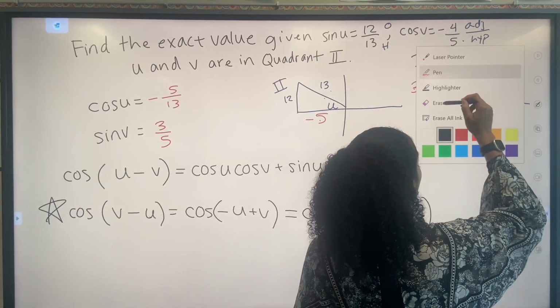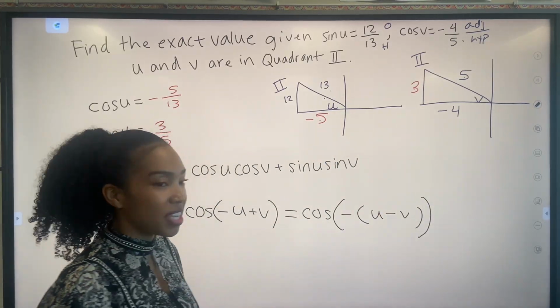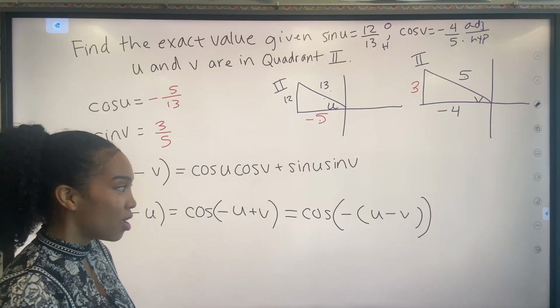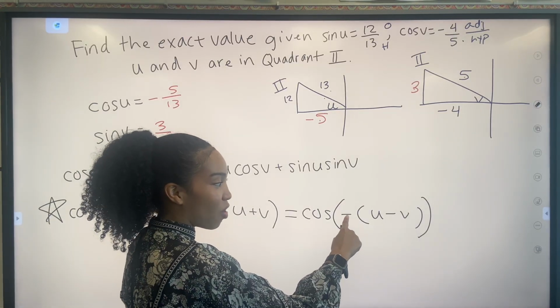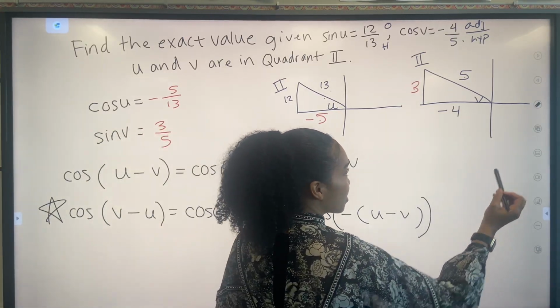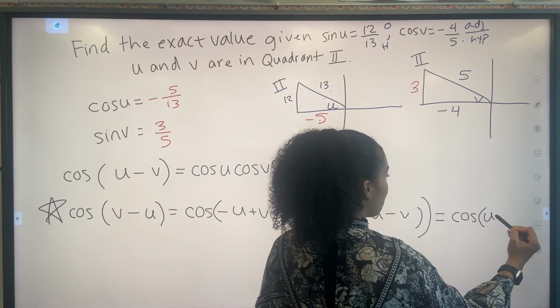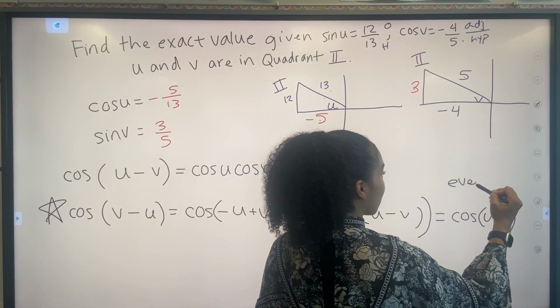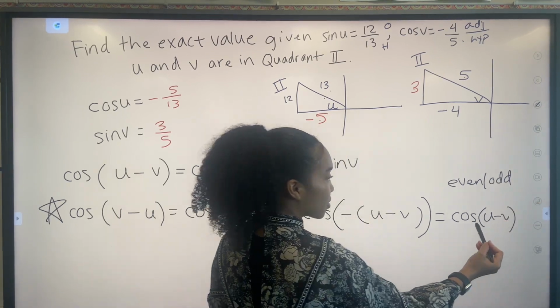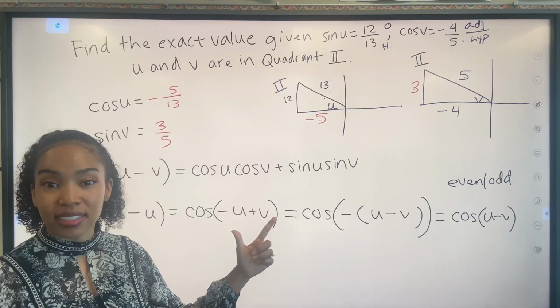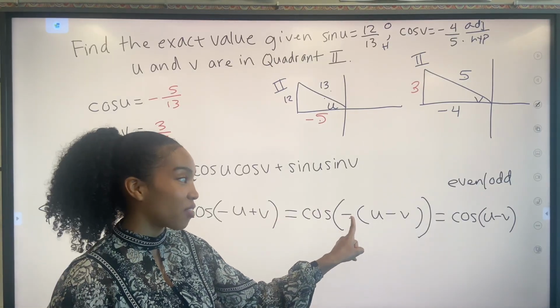So what you have to remember are even and odd identities. If you look at your formula sheet, if cosine has a negative on the inside, it's still the same thing. It doesn't change anything. This is still the same thing as u minus v. This is the even and odd identity, okay? So if it's cosine or secant, it does not matter if there's a negative on the inside.